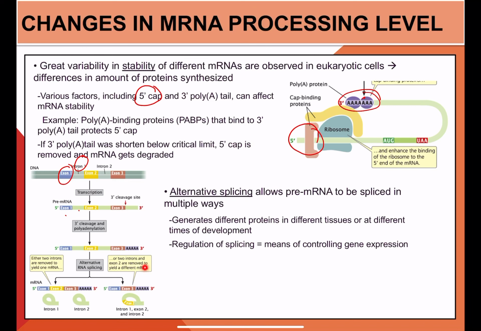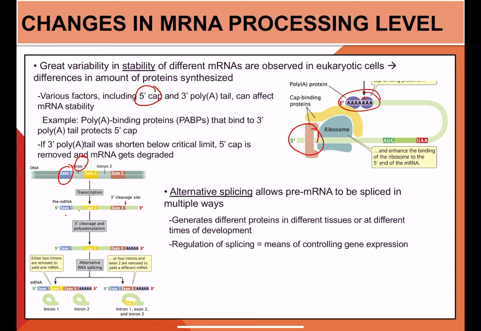For example, one mRNA molecule can have exon 1, 2, and 3, or another mRNA molecule can have just exon 1 and 3, or another possibility is an mRNA molecule with just exon 2 and 3. So this is what is going to generate different proteins in different tissues at different times of development, just by that one mRNA molecule from that one gene.